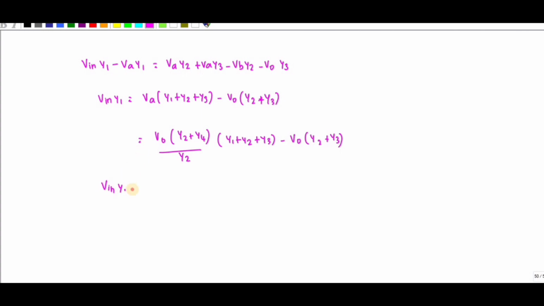So I can write Vin Y1 Y2 is equal to V0 [Y1 Y2 plus Y1 Y4 plus Y2 square plus Y2 Y4 plus Y3 Y2 plus Y4 Y3 minus Y2 square minus Y3 Y2].